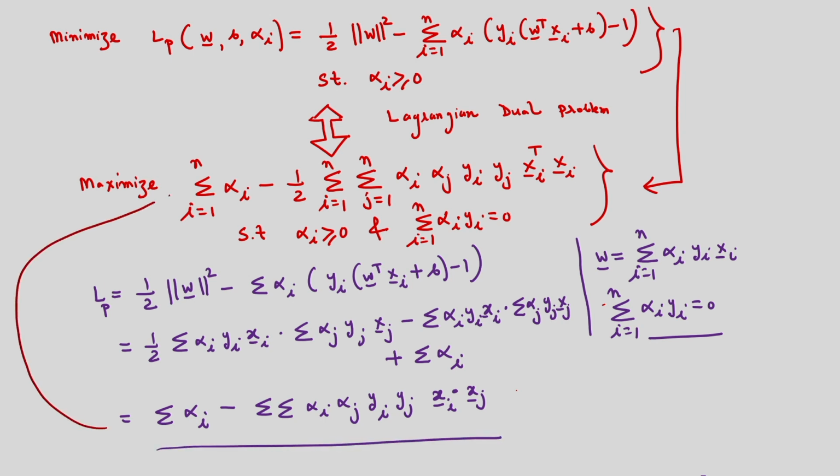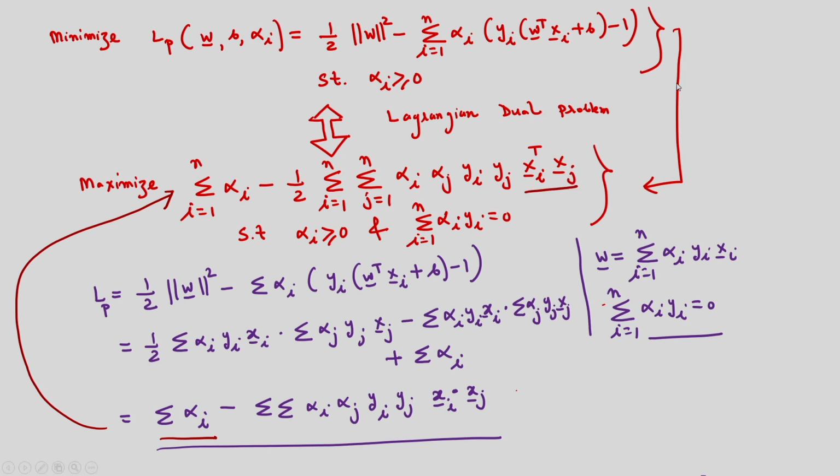From this expression I am getting this one, because corresponding to this L_P, if I want to maximize it, I have to maximize summation alpha i. What is the advantage of this dual form? The advantage is it expresses the optimization criterion as an inner product of the patterns x i.